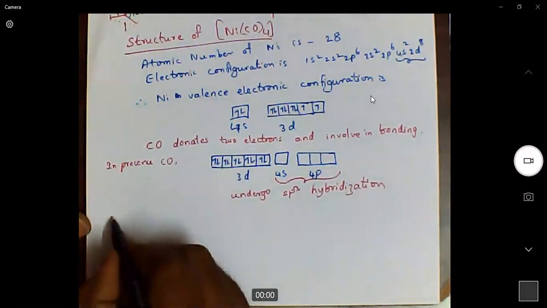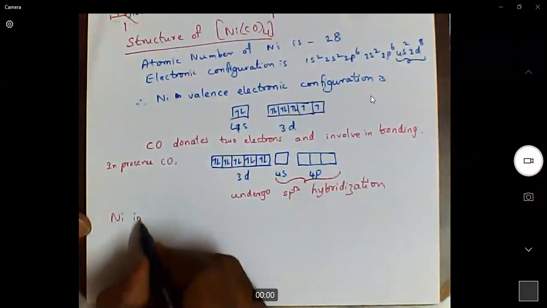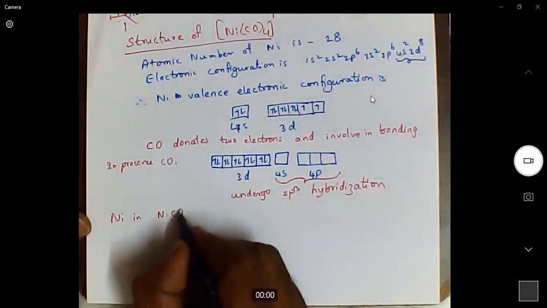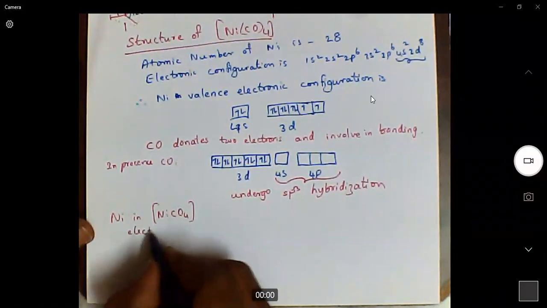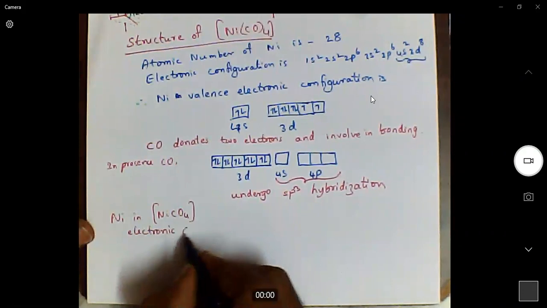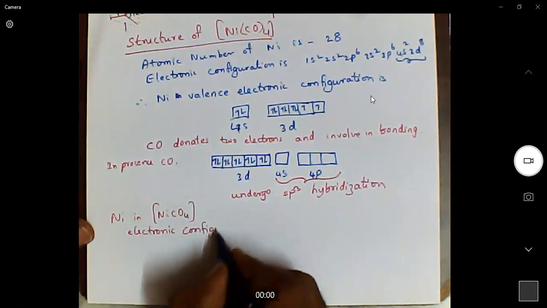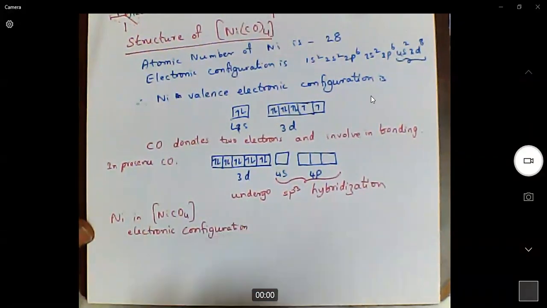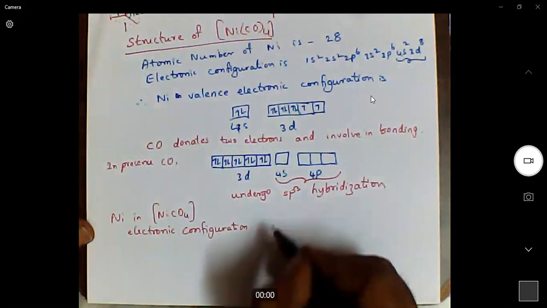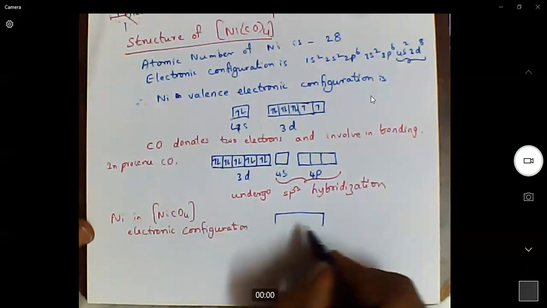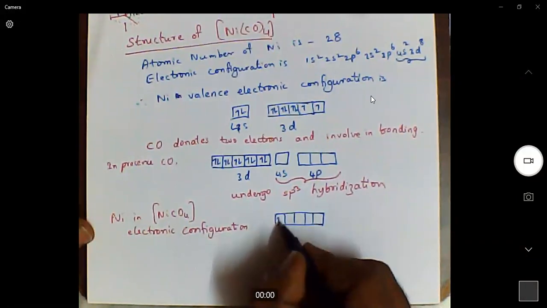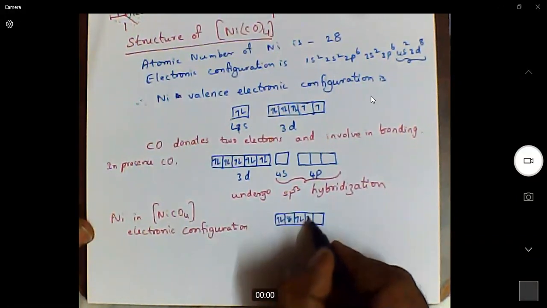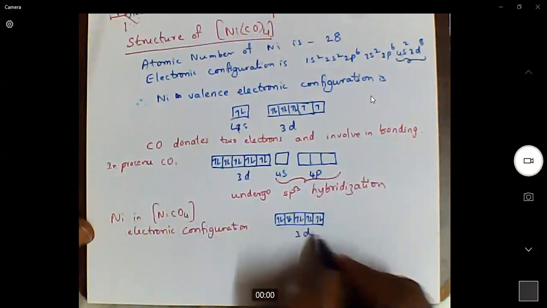Therefore, we can write the electronic configuration of nickel in the Ni(CO)4 complex. It is 3d orbital.